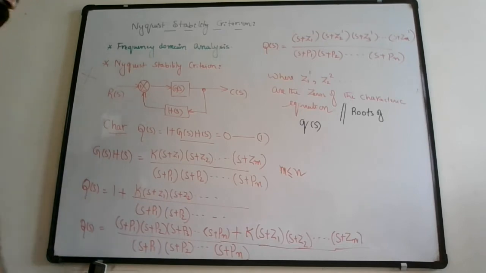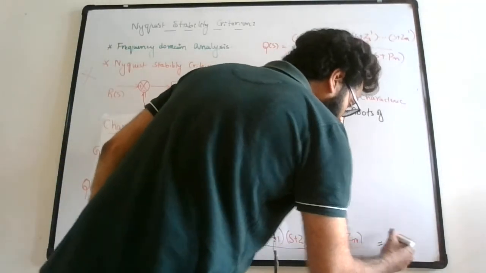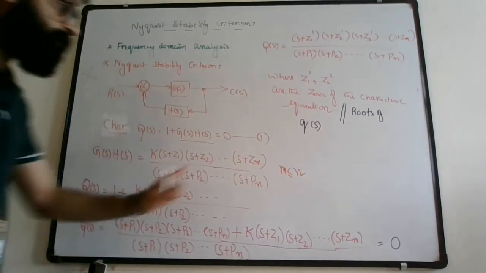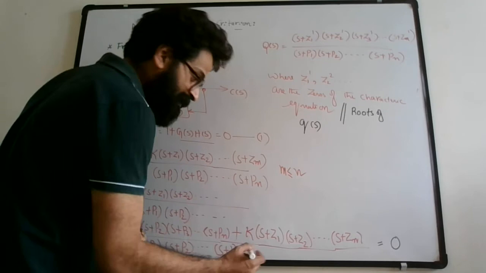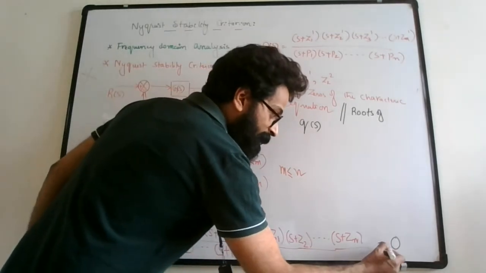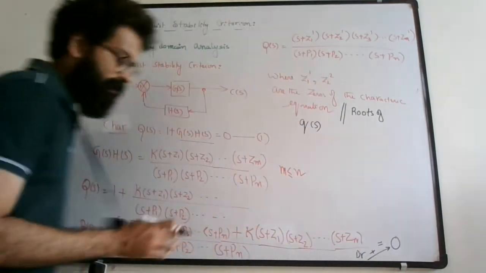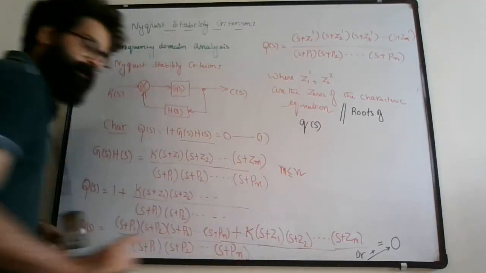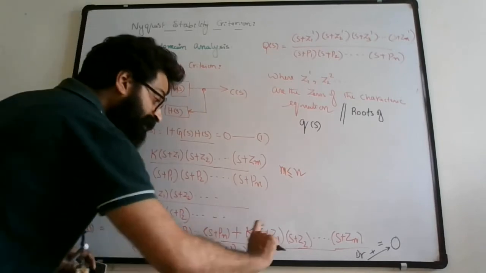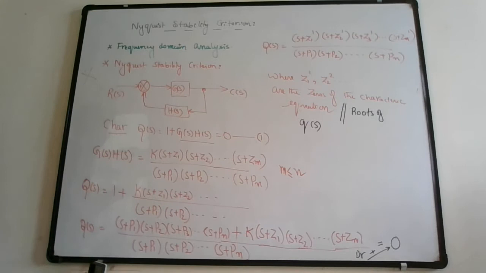In order to find roots of the characteristic equation, you will equate the characteristic equation to 0. When you equate it to 0, the denominator gets multiplied with 0 and vanishes. So you will be left with only the numerator. Whatever factors you get from the numerator are called the roots of the characteristic equation. Alright.